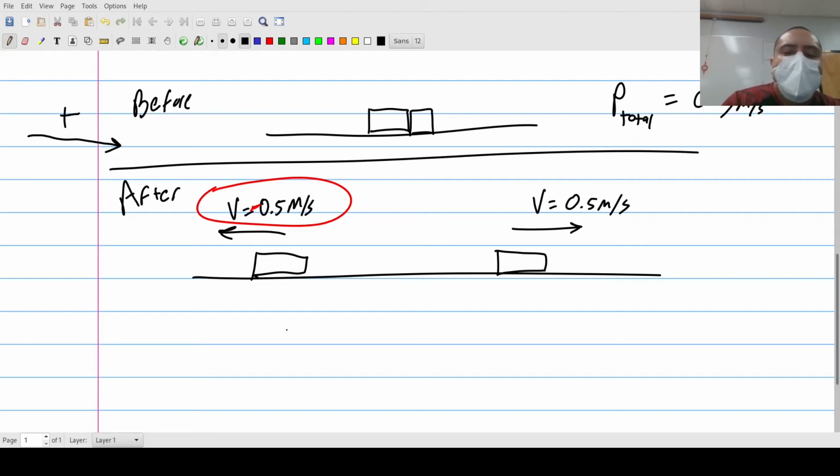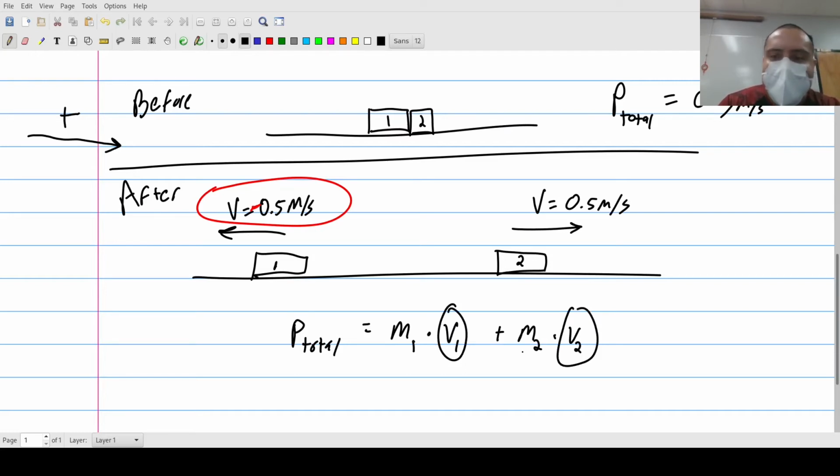Well, you can see here that the total momentum is going to be equal to the mass of car 1 times, let's call this one 1, let's call this one 2, that's 1, that's 2. Okay, so it's going to be the mass of 1 times velocity 1 plus mass of 2 times velocity 2. Now, it turns out that these two velocities are the same, just one is positive and one is negative. It's also true that these two masses are the same.